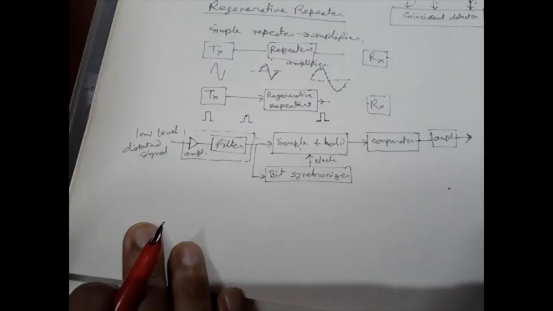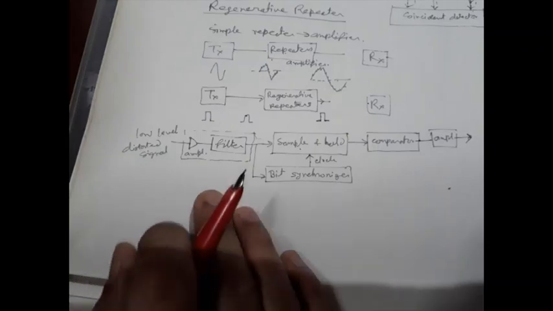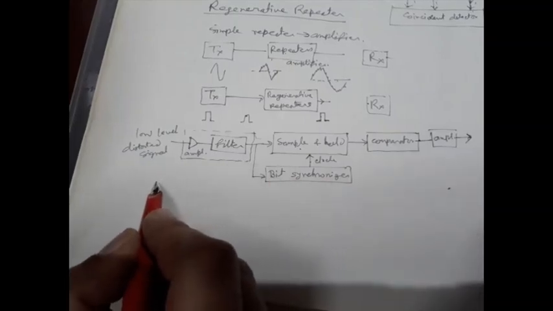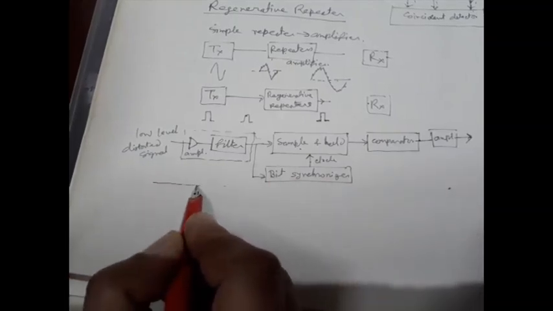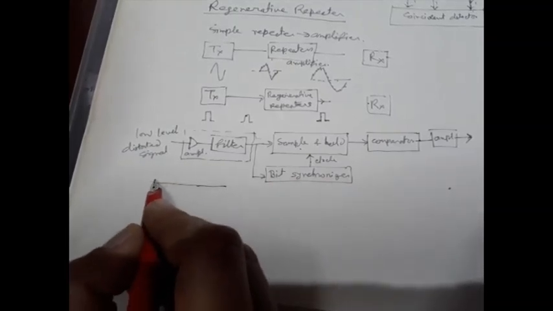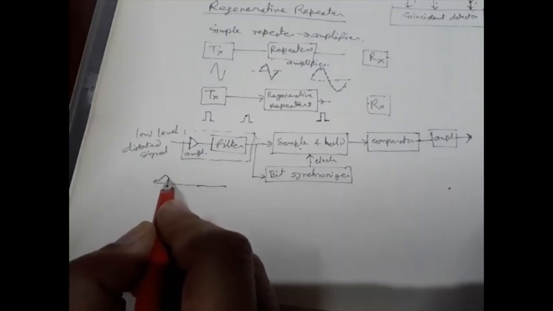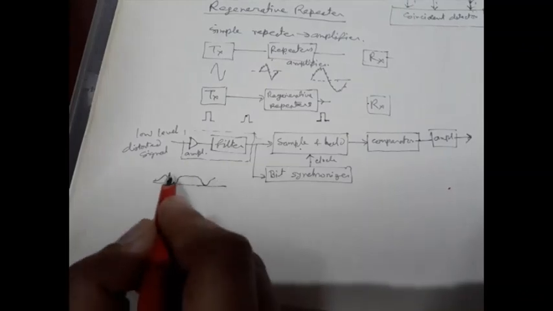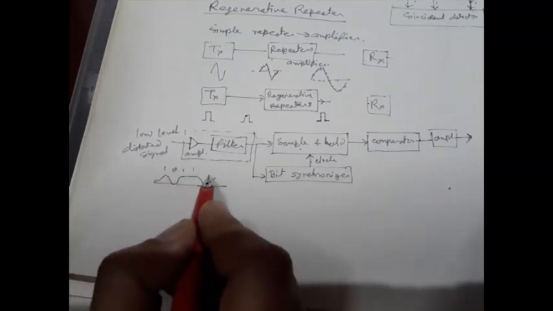So this is how this system works. If we take an example, say this is our incoming signal, like this, say 1 0 1 1 0.